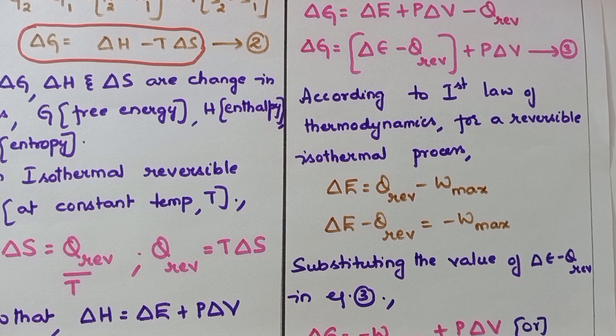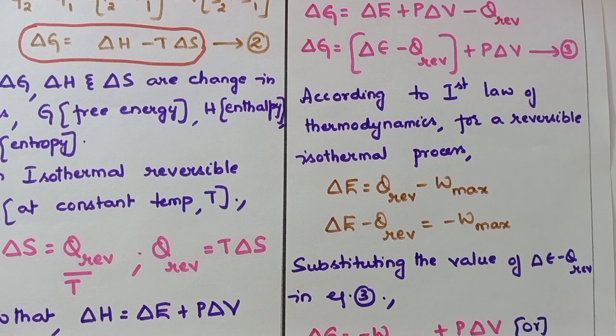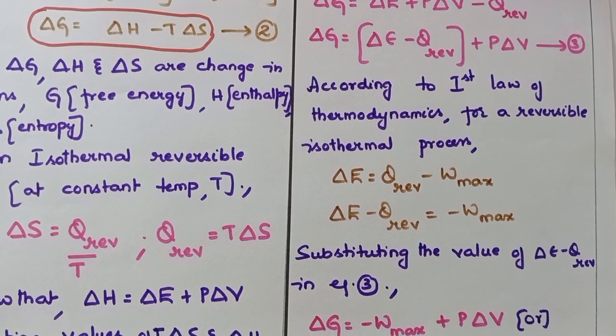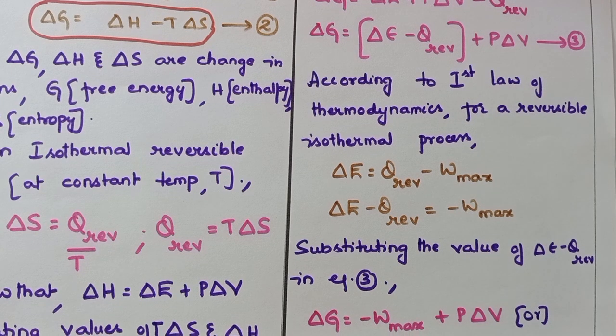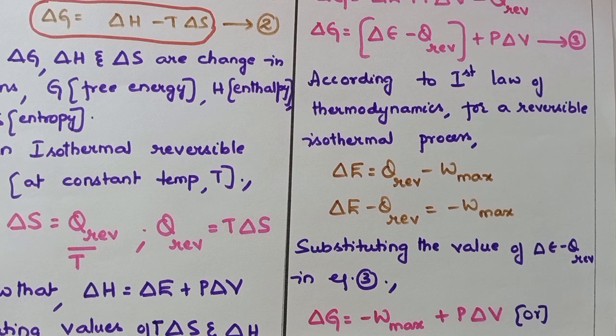Below write down. Substituting the value of delta E minus Q reversible in equation 3, delta G is equal to, now you need not write delta E minus Q reversible.